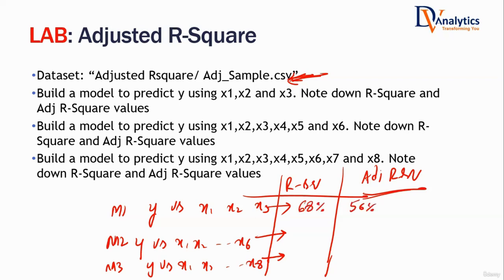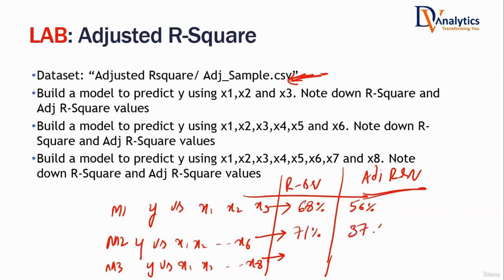Give the numbers to me in the chat window. M1, R square, adjusted, M2, M3. M2, R square is 71%.